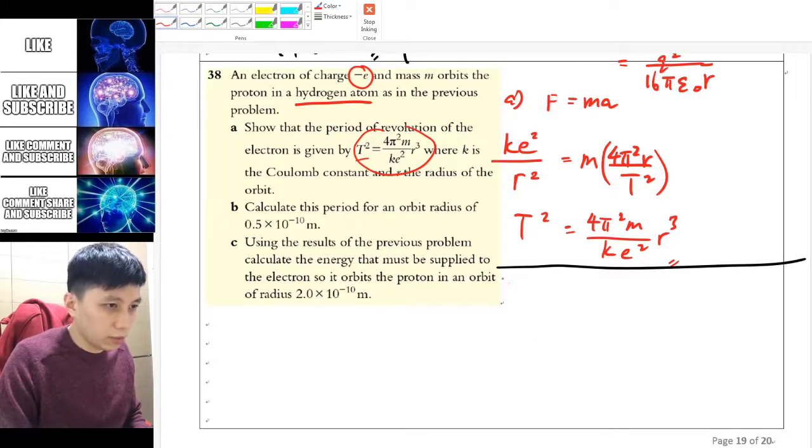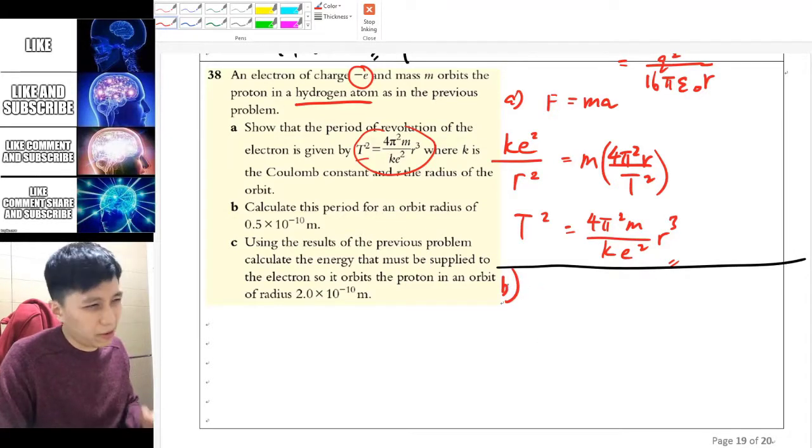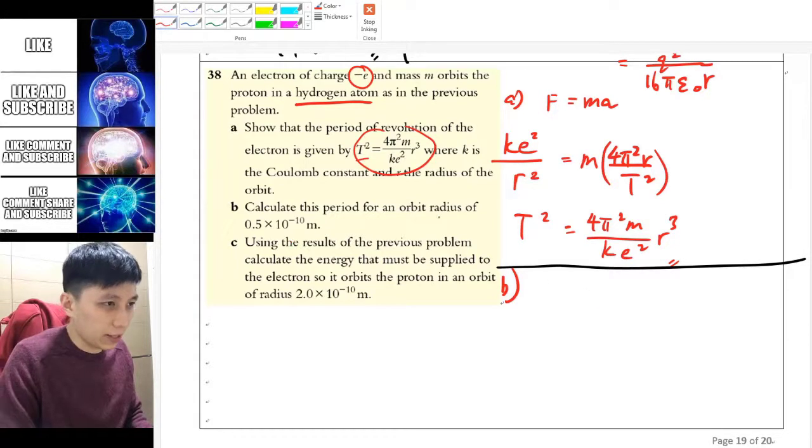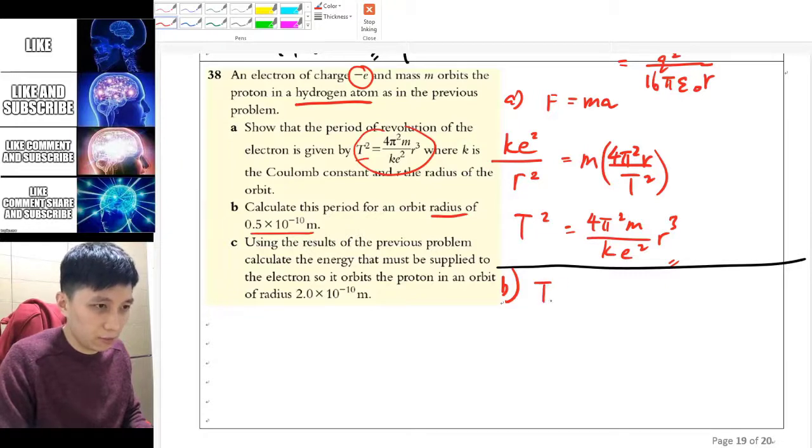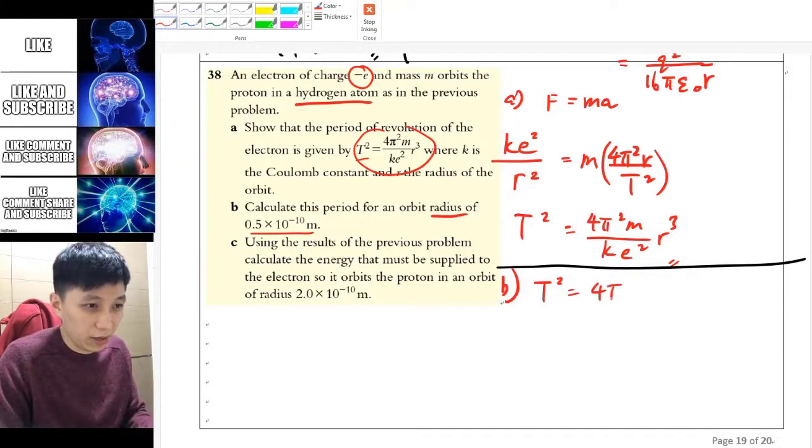Part B starts to be more about the algebra, like substitution, so not as exciting as what you did earlier, but let's go through it simply. They ask, what if the radius is that much? Calculate the period. So you have the equation and substitute everything. You have pi, of course.